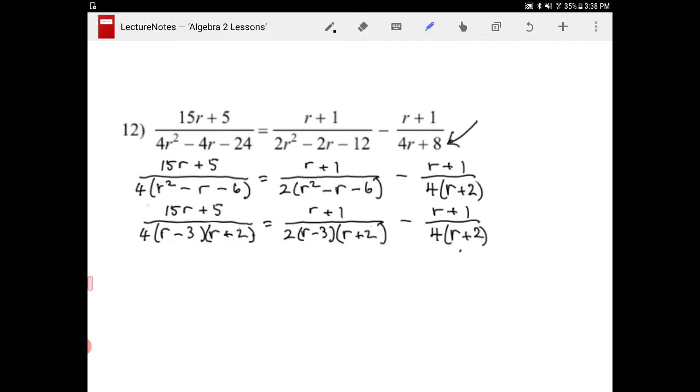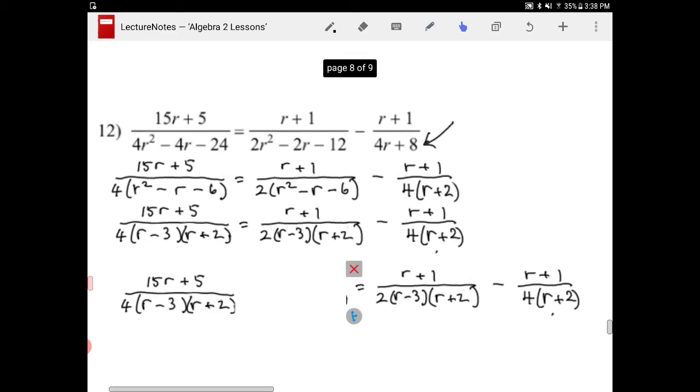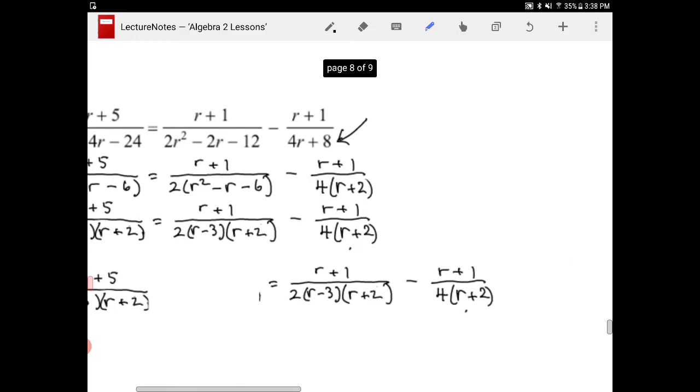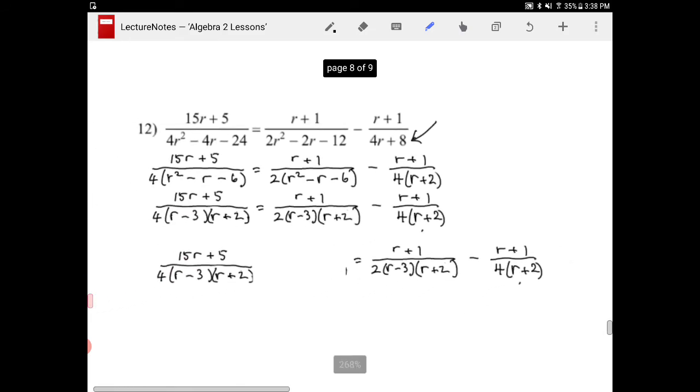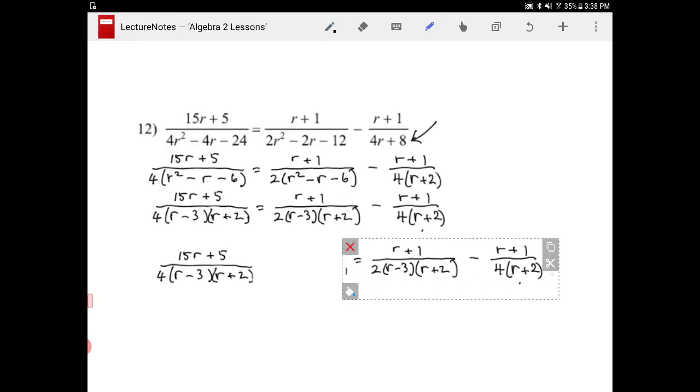The common factors, let's see here, giving myself a little bit of room. What I am missing from the first fraction, on the left, is nothing. I'm not missing anything, so I'm going to bring this back.